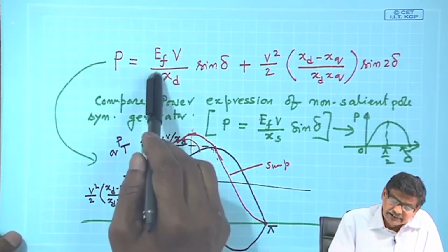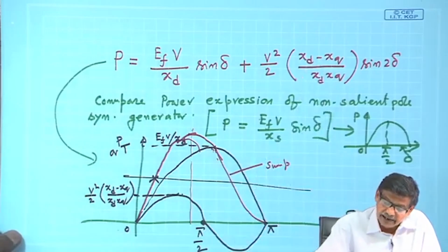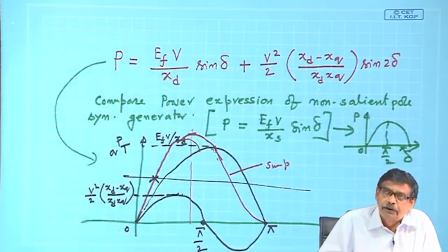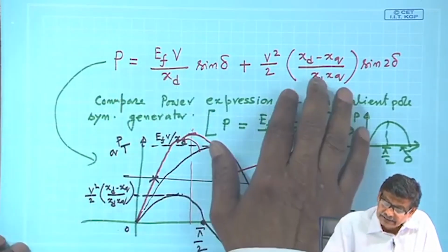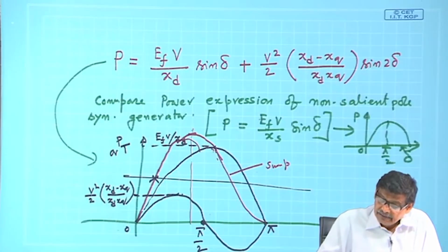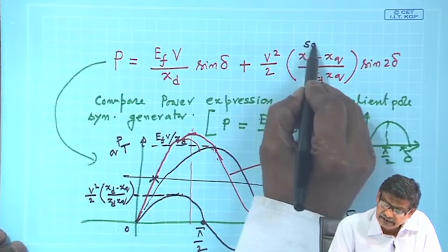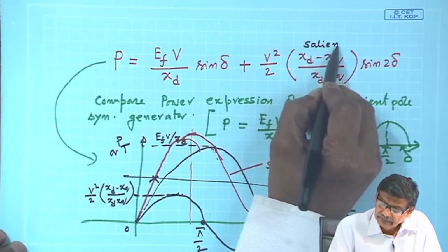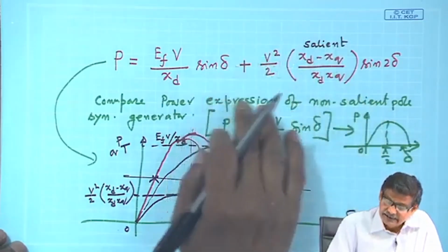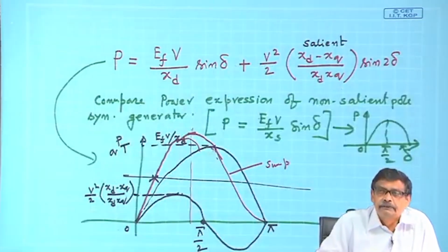But one interesting thing is that this equation tells me the second term is sometimes called the salient term. Because of saliency, this term is present.